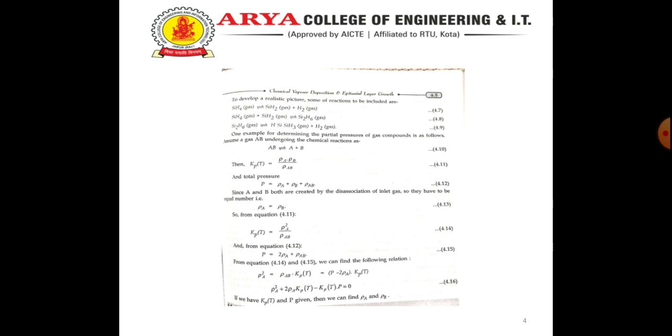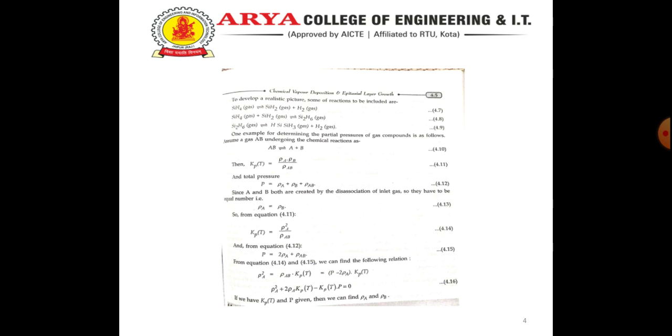Since A and B are created by the dissociation of the inlet gas, they have to be equal in number, that is, rho A is equal to rho B. So from equation 4.11 we have Kpt is equal to rho A squared upon rho AB, and from equation 4.12 we get equation 4.15.